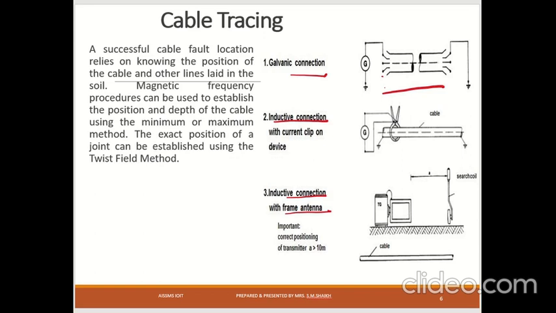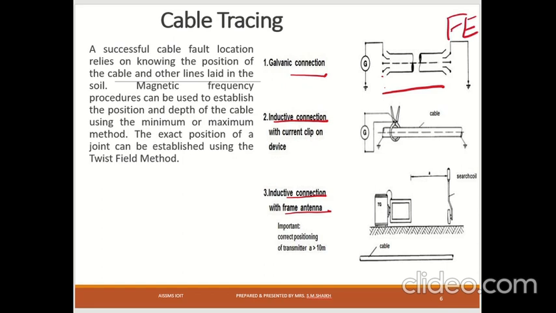And then we randomly earth the far end conductor, that is in this case we'll treat this to be the far end. So we'll earth the far end, any one conductor on the far end is earthed, and at the other end we'll connect one galvanometer and earth any one of the conductors.